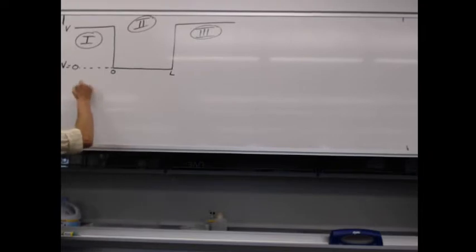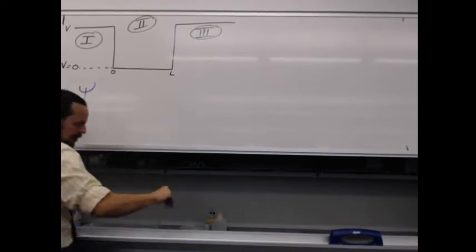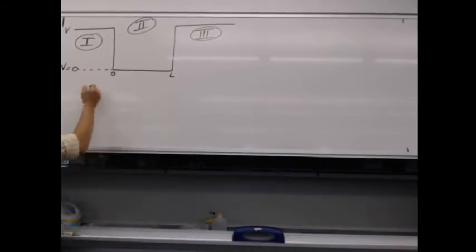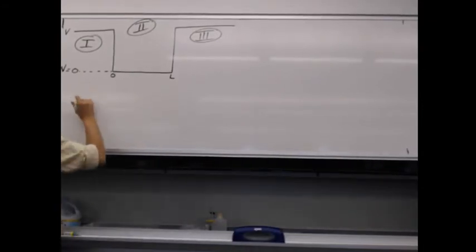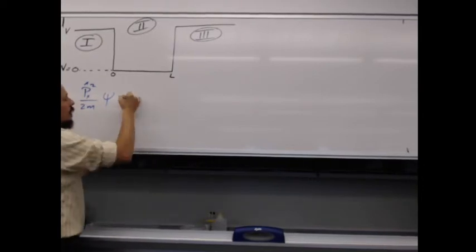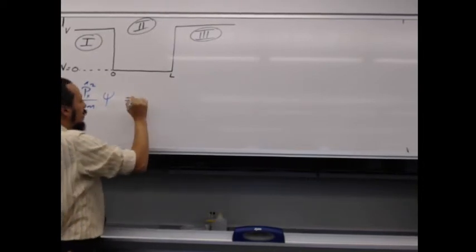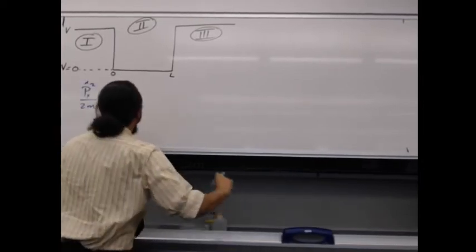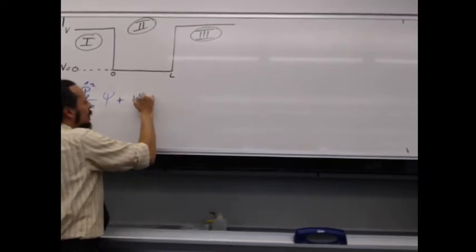If I'm looking at my wave function, well, first let's look at the Hamiltonian in region 2. The Schrödinger equation would be the same Schrödinger equation we had for particle in a box. We would have a p squared x hat over 2m on psi is equal to, let's see, I want to include this other term here just for a moment.